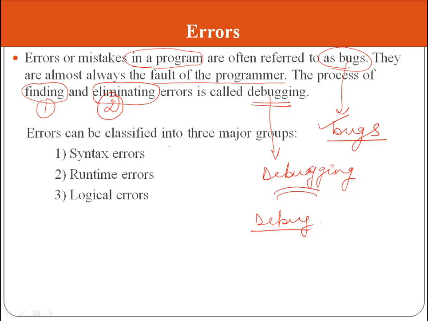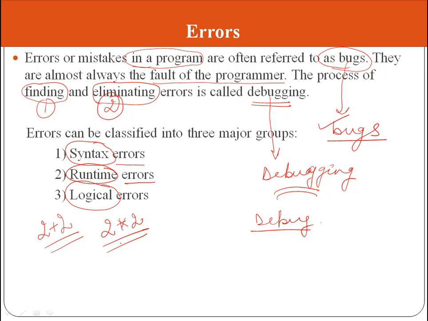So errors can be classified into three major groups. First is the errors on the basis of syntax, that is syntax errors. Runtime errors: when you are executing the program, at that time some error occurs, that is the runtime error. And logical error: you have been told to write a program for the summation of two numbers, but your mind is not clear, and you write the program for the multiplication of two numbers. No doubt there will not be any syntax error, there will not be any runtime error, but there will be a logical error because the result is not as expected.